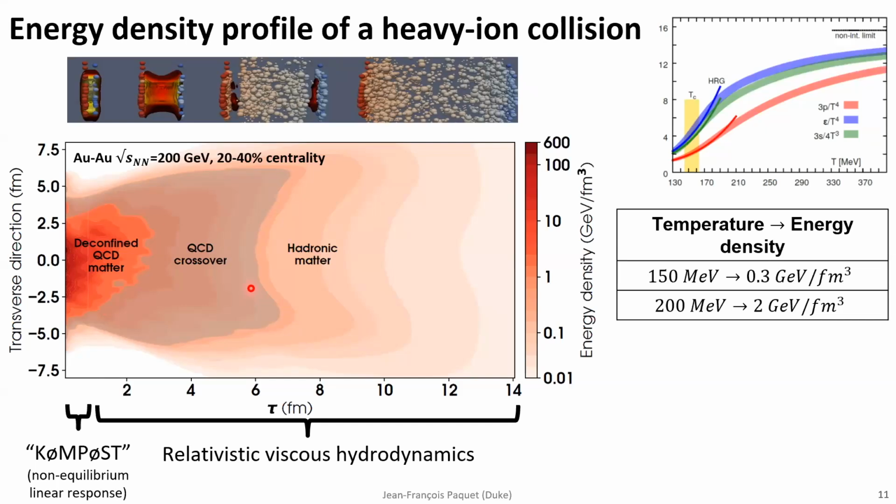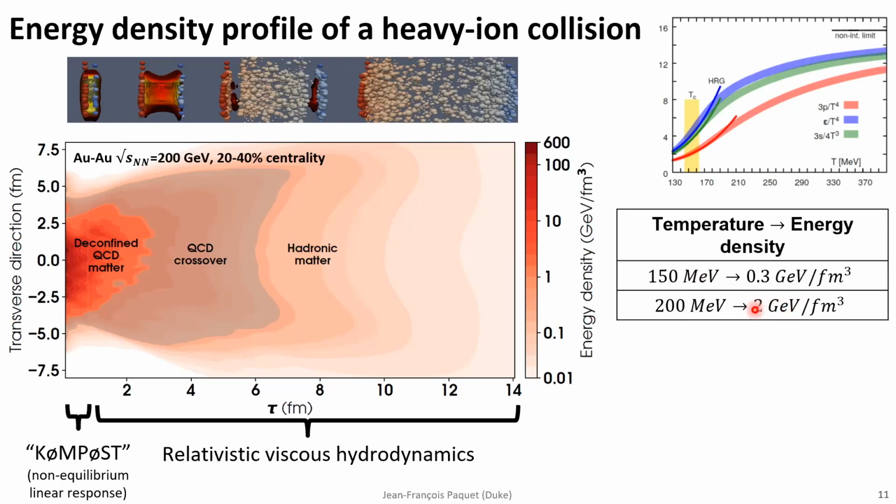And typically, you may be more used to seeing plots of the temperature. The benefit of plotting the energy density is that it's always well-defined, no matter whether you're in equilibrium or out of equilibrium. So you can plot at earlier times and still have a well-defined energy density. In these different colored regions, I found the energy density that corresponds to a temperature of 150 MeV, which is roughly the deconfinement temperature of QCD.